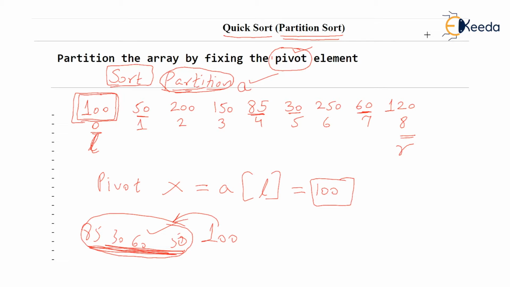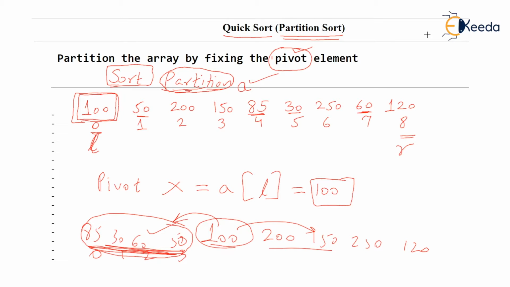And you can watch that the values like 200, 150, 250 and 120 in the array should be to the right of 100 because these values are greater than 100. So 100 should actually be fixed, if you count these positions, at the fourth place.